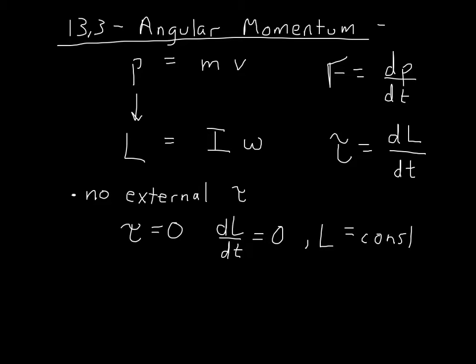The derivative of a constant is the only way you can get 0 when you differentiate. So that gives us conservation of angular momentum as well. The initial angular momentum in a system is equal to the final angular momentum in a system, as long as you don't add in any external sources of torques.